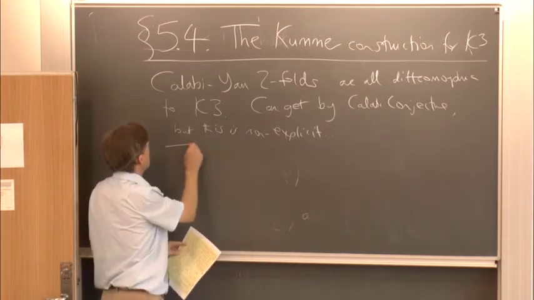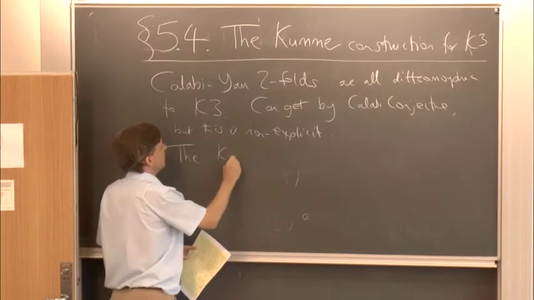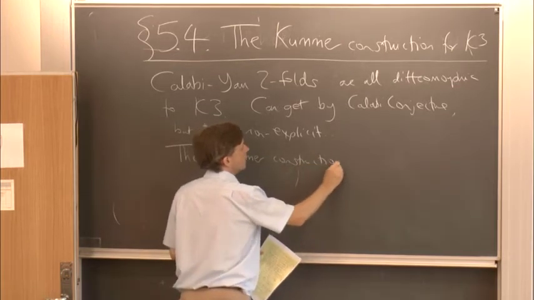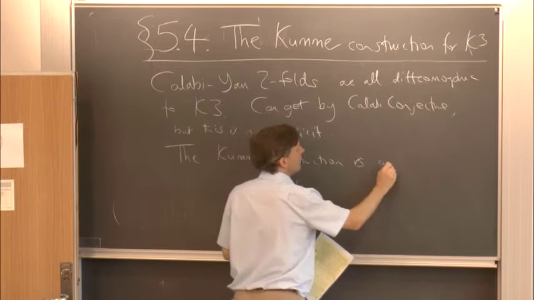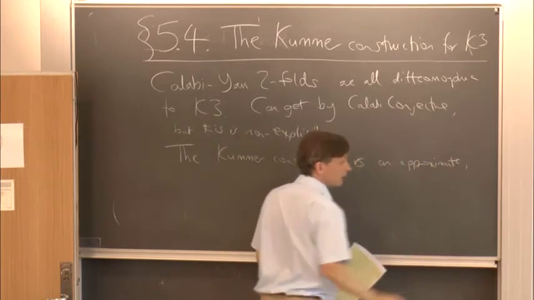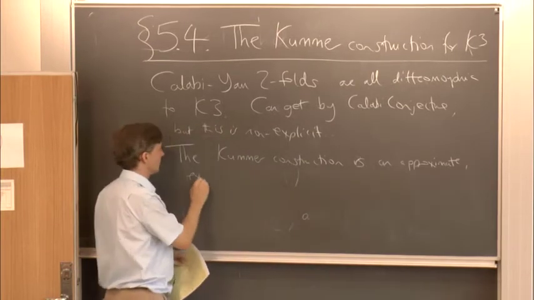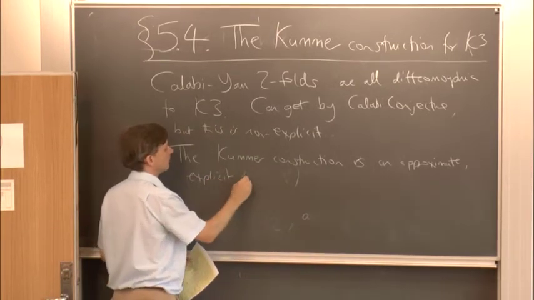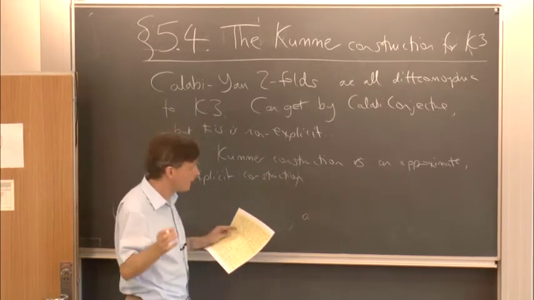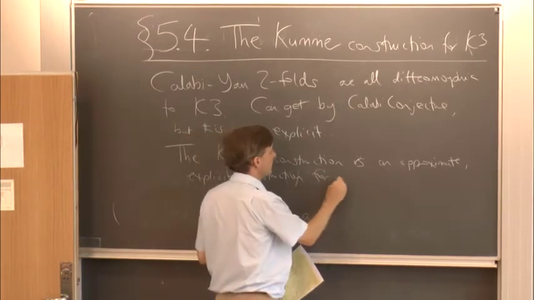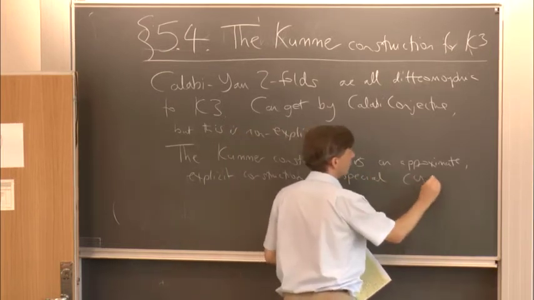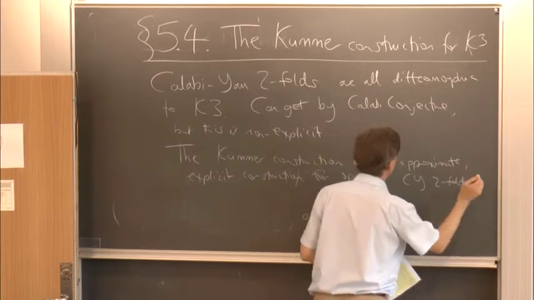So the Kummer construction is an approximate but explicit construction for some special Calabi-Yau twofold metrics.